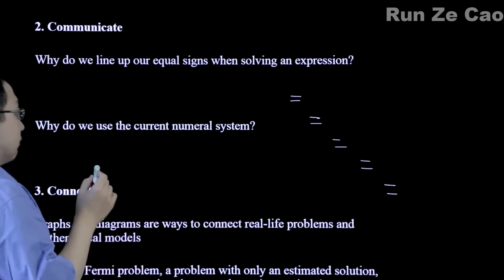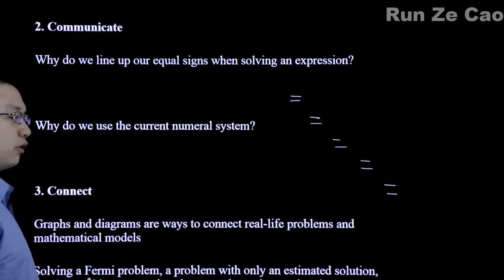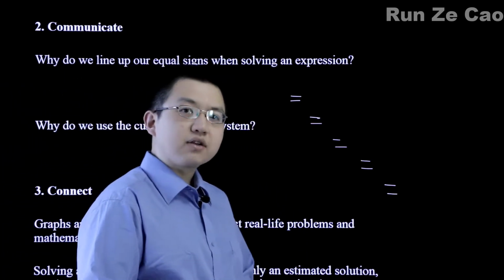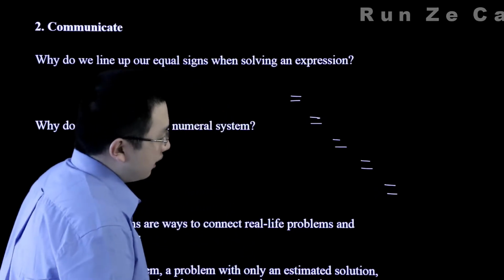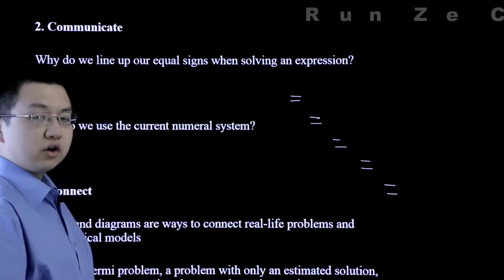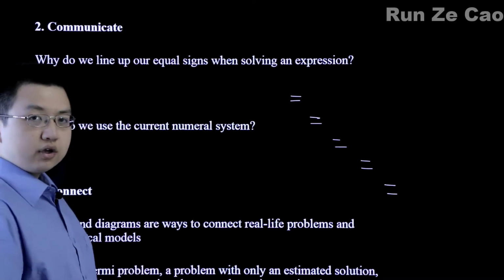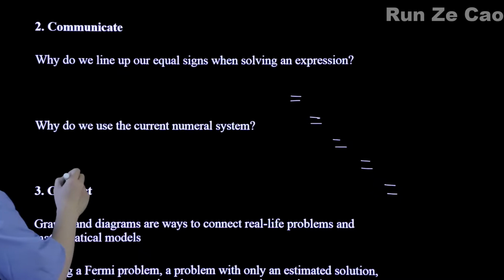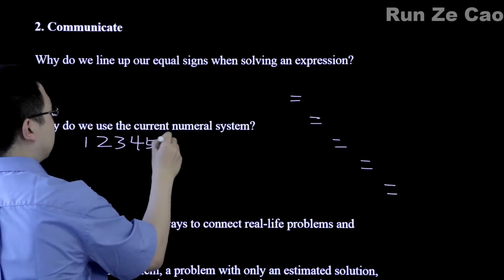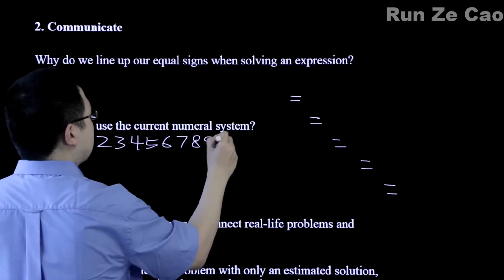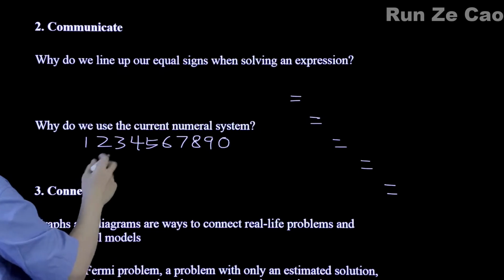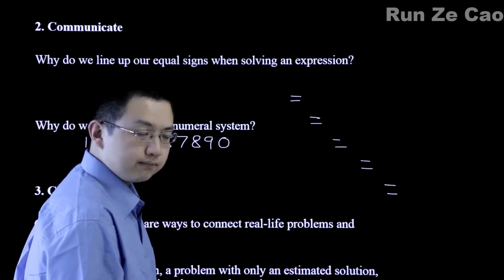All right. So why do we use the current numeral system that we have now? That's basically combinatoric position based. I'm pretty sure that is not the exact scientific term for our current numeral system. However, the point remains that you combine a bunch of symbols, 1, 2, 3, 4, 5, 6, 7, 8, 9, and 0, and you position them to indicate a particular amount.